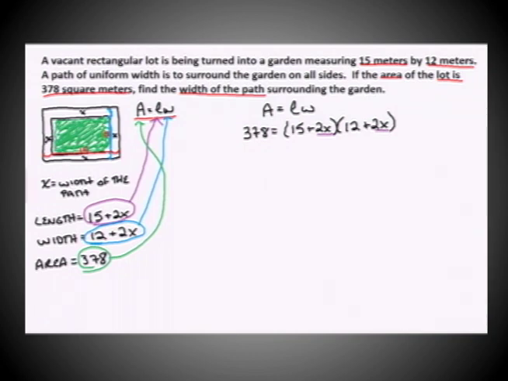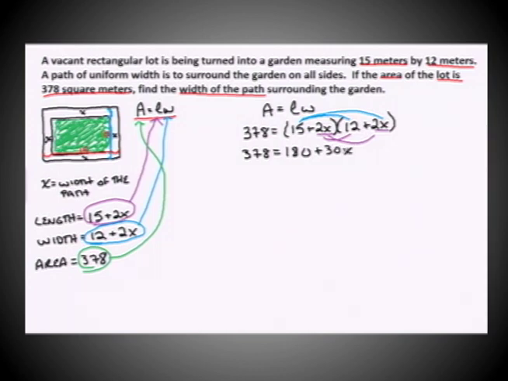So we'll start by distributing each term in the first binomial with each term in the second binomial. And that gives us that 378 is equal to, well, 15 times 12 is 180, and 15 times 2x is positive 30x.